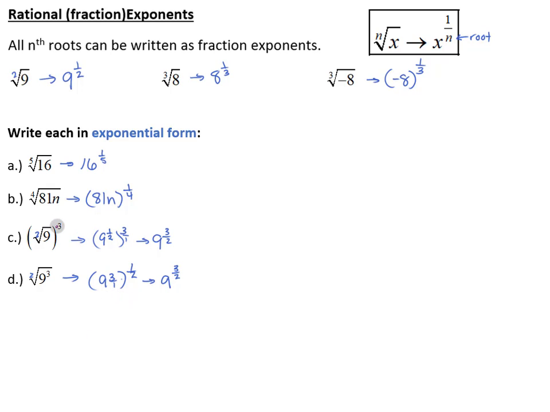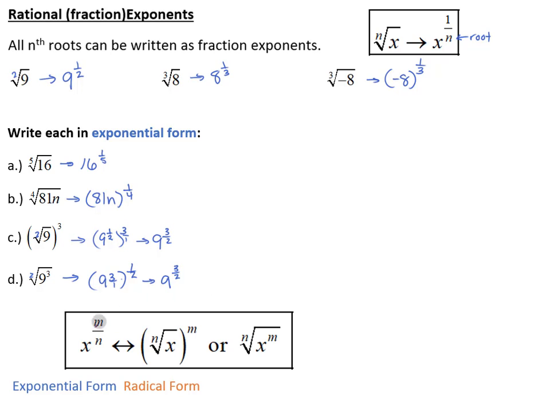And what we can see is that if the whole radical is raised to a power, or if everything inside my radical is raised to a power, that ends up in the numerator of my fraction exponent. So in general, if I have the nth root of x to an m power, or even if that m is on the inside, we get x to the m over n.